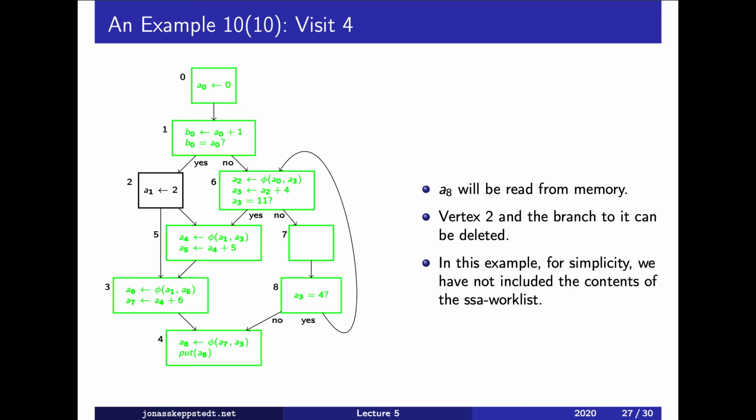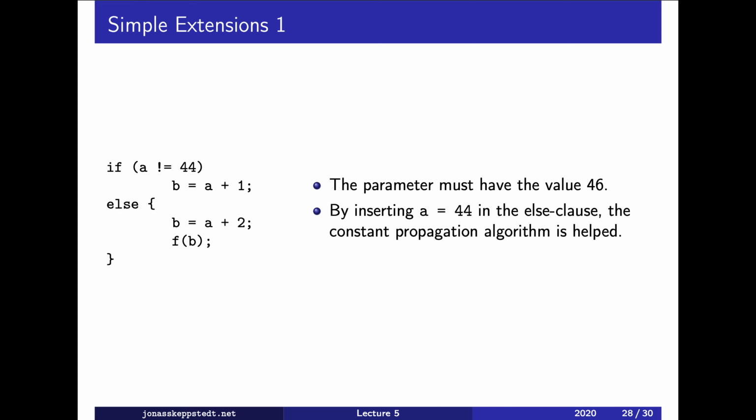Okay, so that was that. When we have an equality or inequality test, then we can improve the algorithm. Actually, this improvement is mentioned in the paper from 1991, where the algorithm was published.